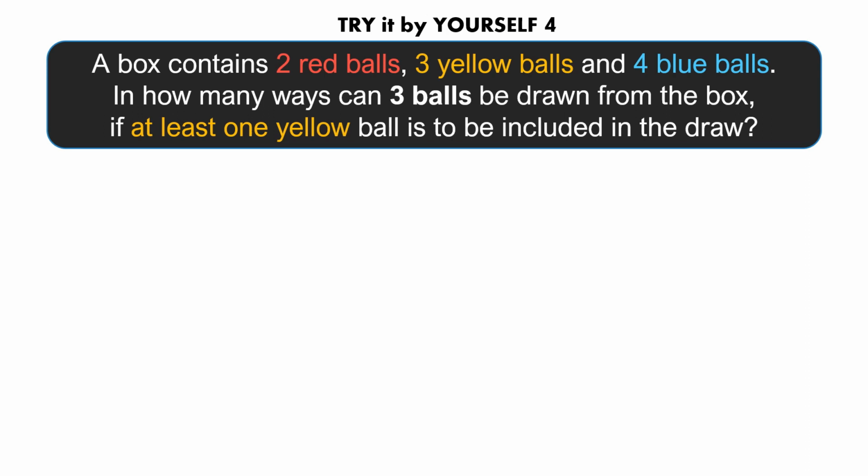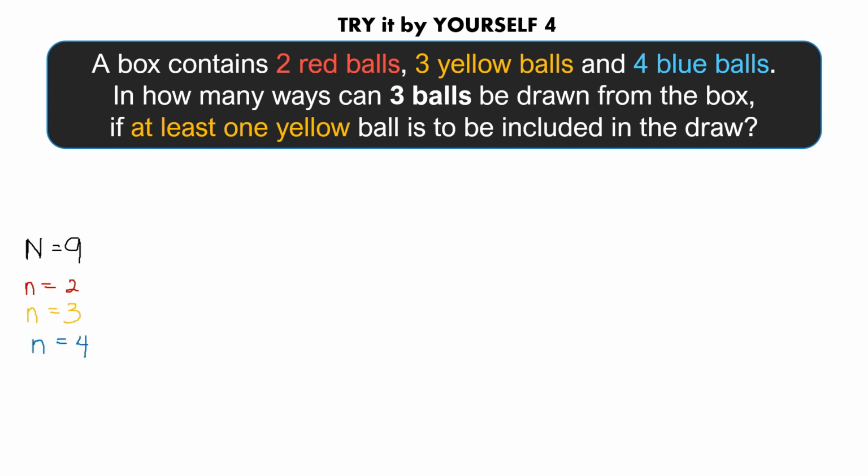In how many ways can 3 balls be drawn from the box if at least 1 yellow ball is to be included in the draw? Our N here is a total of 9 objects: 2 red balls, 3 yellow balls, and 4 blue balls. Then, per option or draw, we need 3 balls with at least 1 yellow ball.